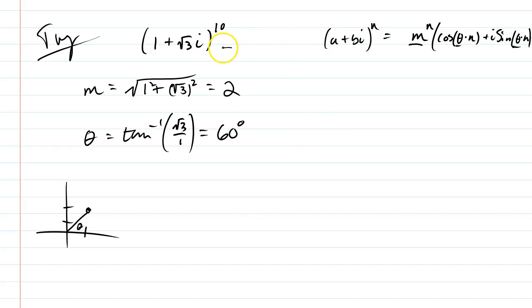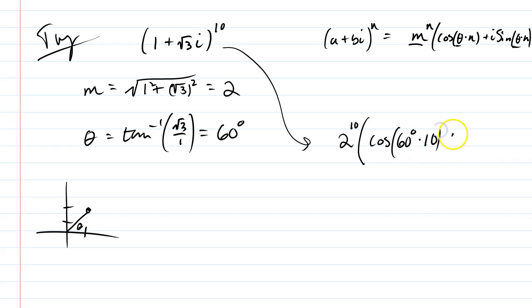So my answer for this, I can raise 2 to the 10th power, and then I would write cosine of. Now my angle is 60 degrees, but I'm going to multiply by 10. Alright, now that is an angle of 600 degrees actually. So we should shorten that, take out the multiple circles that we would have to revolve around to get there, and if we take 360 out of that, we get 240.